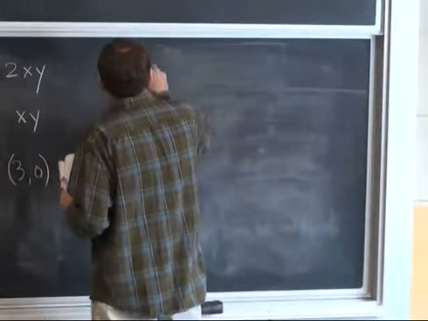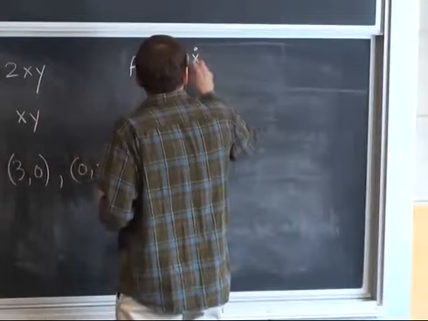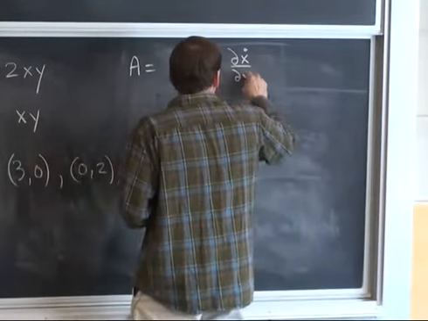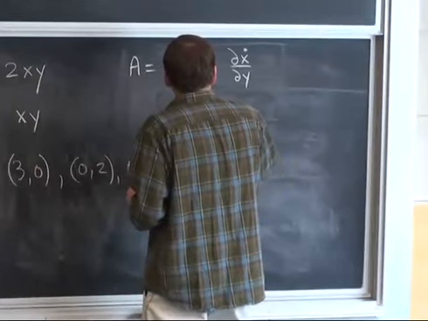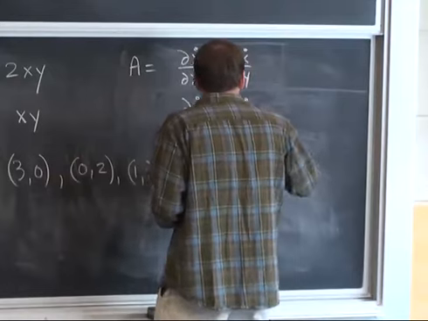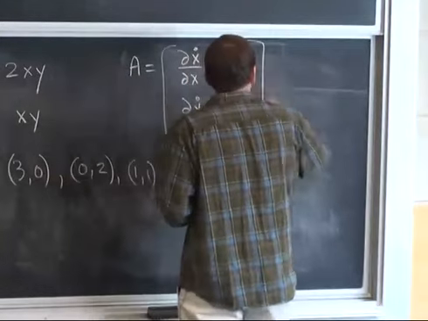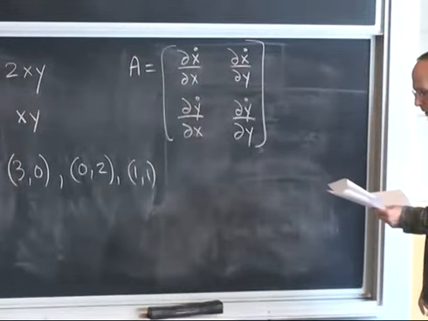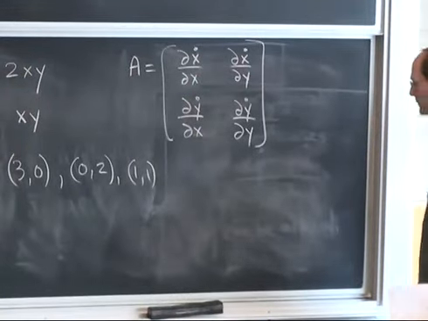Well, so we write down our Jacobian, partial x dot partial x, partial x dot partial y, partial y dot partial x, partial y dot partial y. And so you have to kind of calmly and carefully take those derivatives.